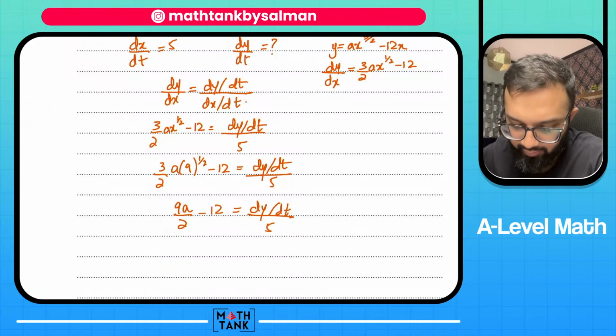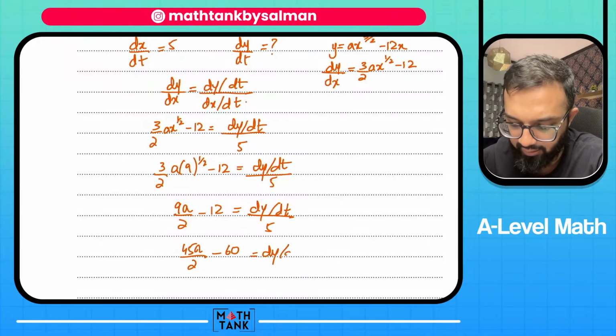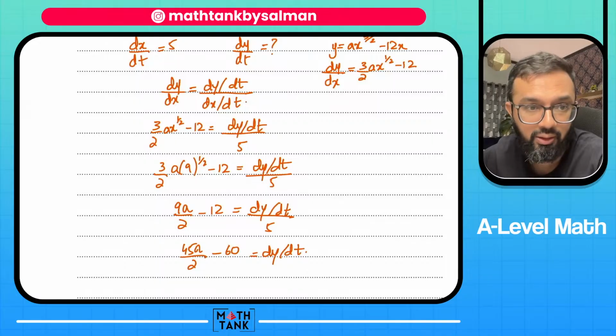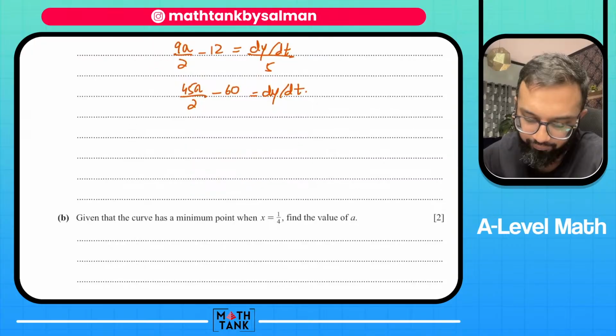Okay, so 45a over 2 minus 60 equals dy by dt. I cross multiplied the 5. That is what I wanted to find in terms of a.